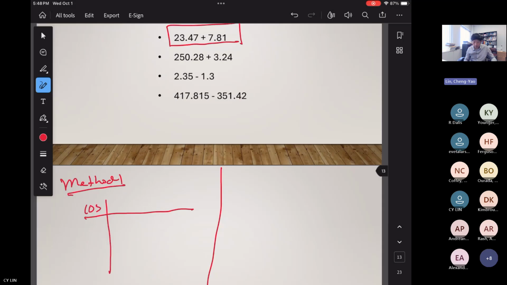You have tens, ones, a decimal point, and tenths. The next place value is hundredths. So in 23.47, that means 2 tens, 3 ones, the decimal point, 4 tenths, and 7 hundredths. Then 7.81: 7 ones, the decimal point, 8 tenths, and 1 hundredth.